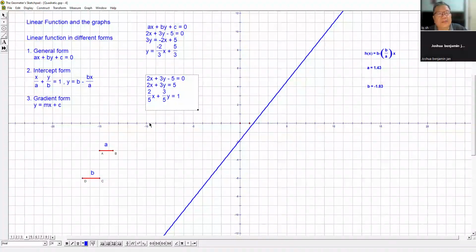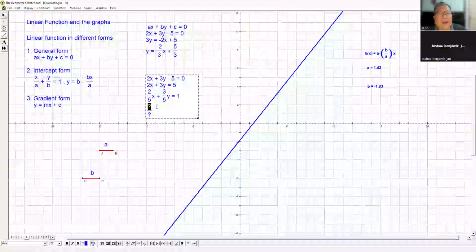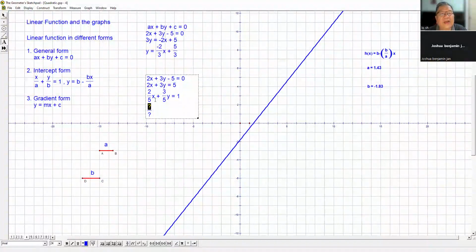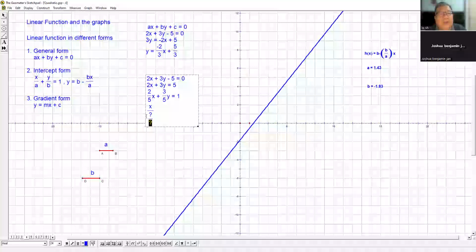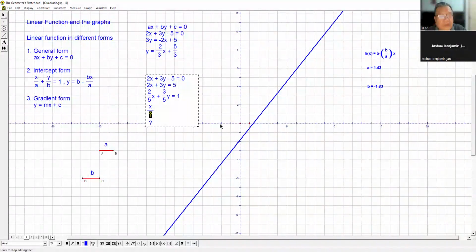I still need to do something. So what should I do? This is x. The 2, I bring it to the bottom. It becomes 5 over 2. So this is the number below x.